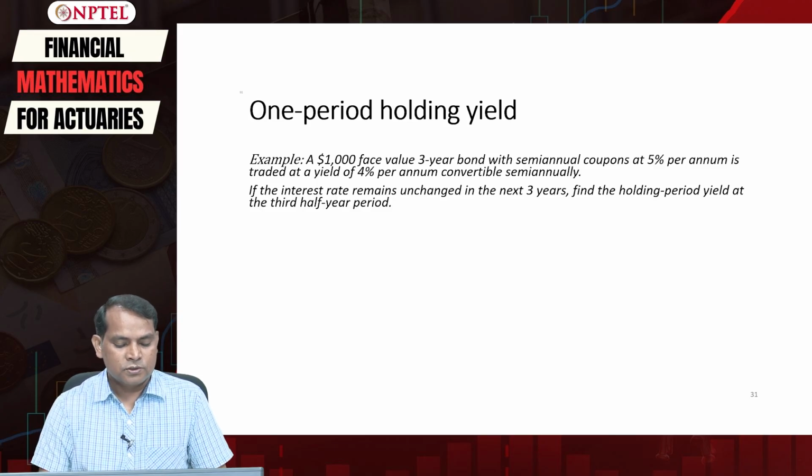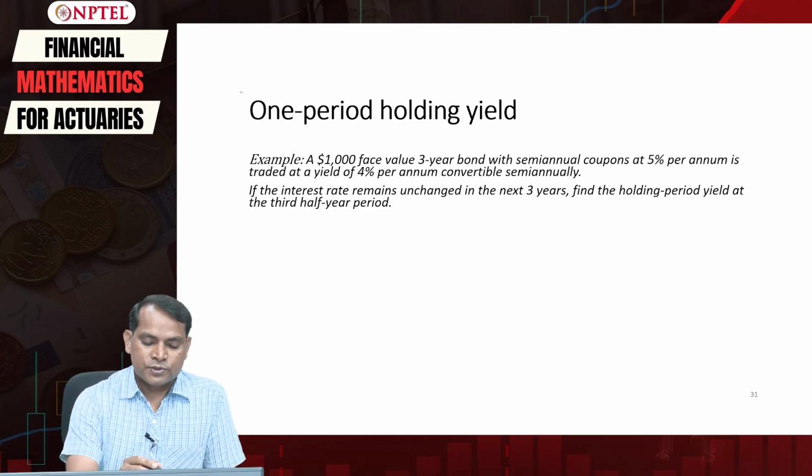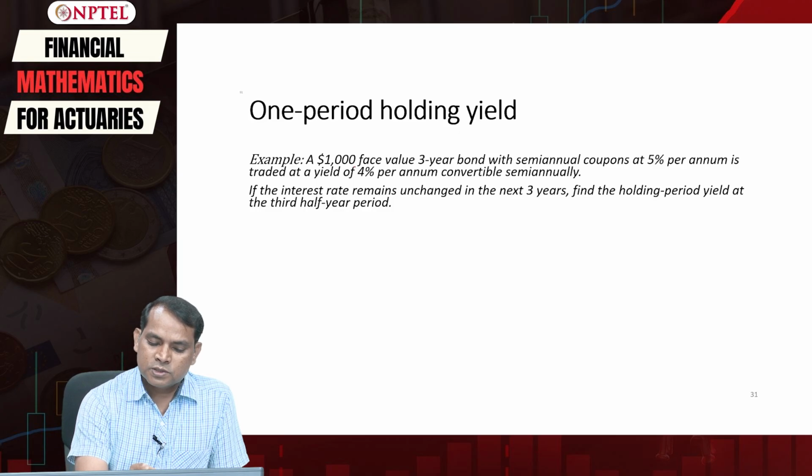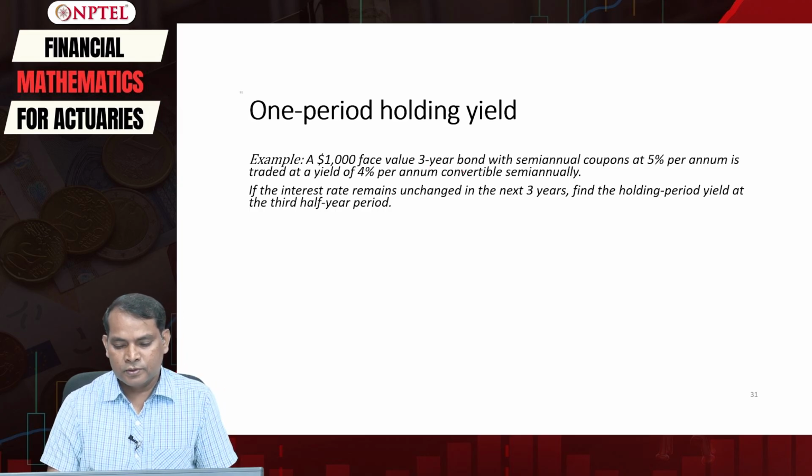So, understand the question very clearly first, then the answer will be very simple here. The question says a 1000 rupees or $1,000 face value bond, having a 3-year maturity.